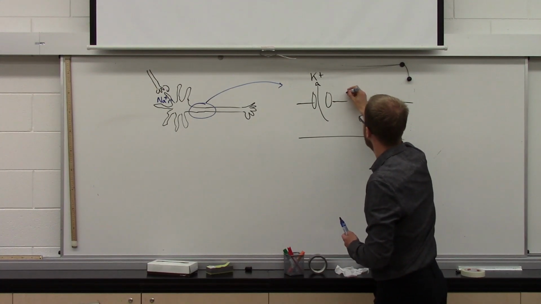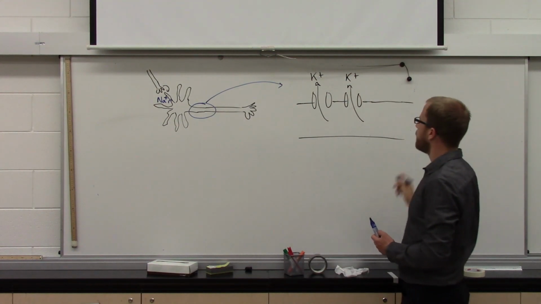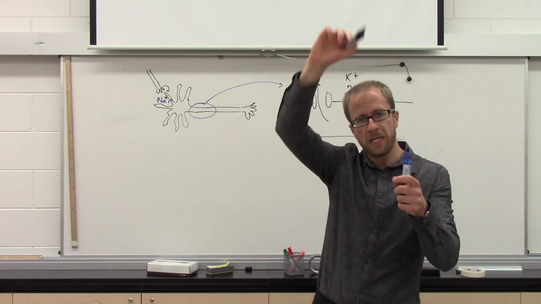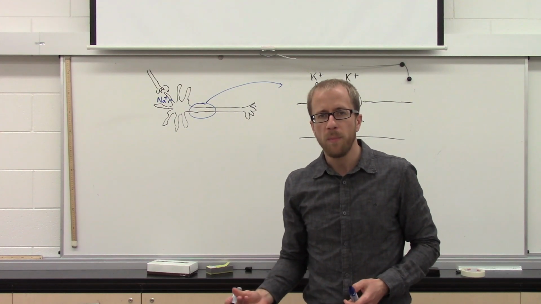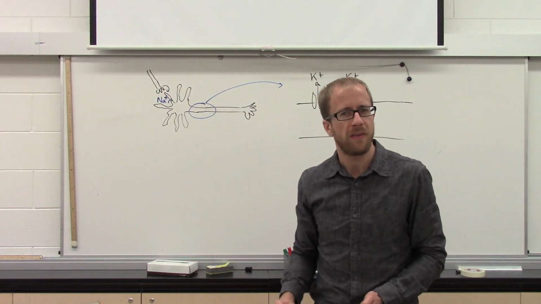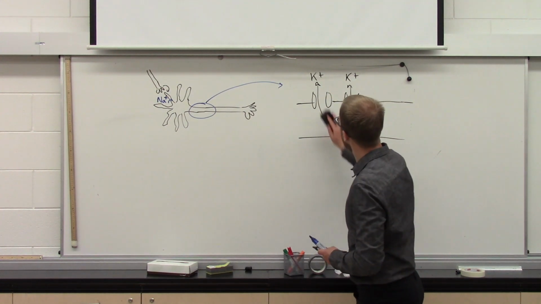So now you have positive charge rushing out of the cell, and that will reestablish your membrane potential. Your membrane potential will drop back down. Once your membrane potential has gone to that hyperpolarized point, the -75 millivolts, these channels will then close up.